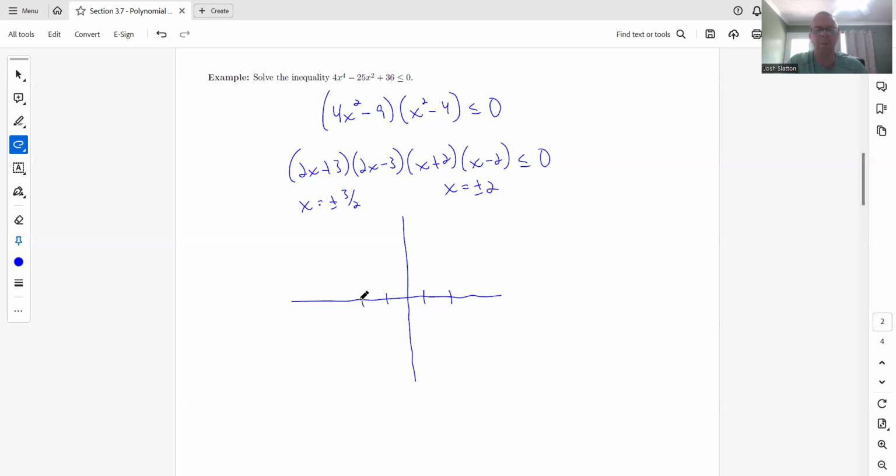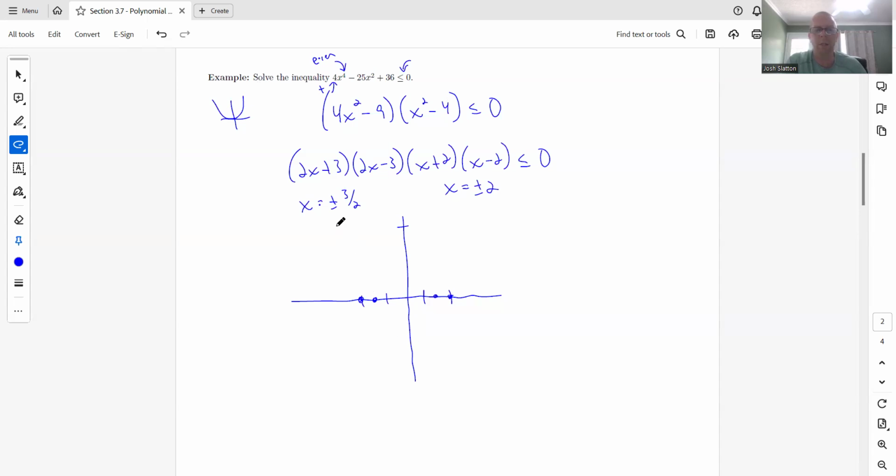And so we have -2, -3/2, 3/2, and 2. And then the y-intercept is going to be 36. If you want to put that, you don't really have to, but plugging in 0 for the x's, we get 36. So now this one, we're going to be looking at where it is below or equal to the x-axis. We have an even degree and a positive coefficient, so on the ends it is going to look like that.